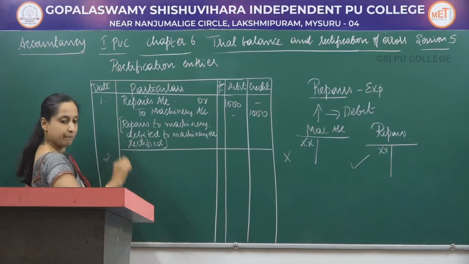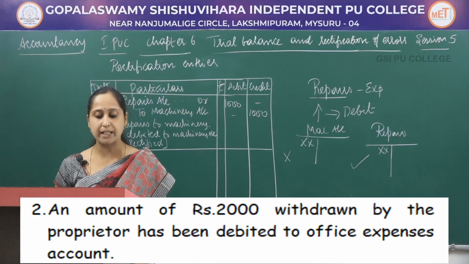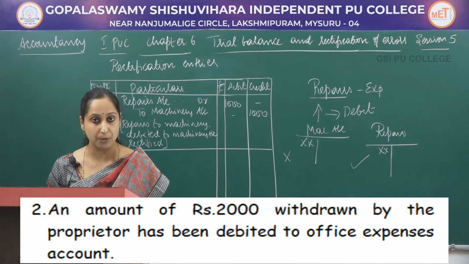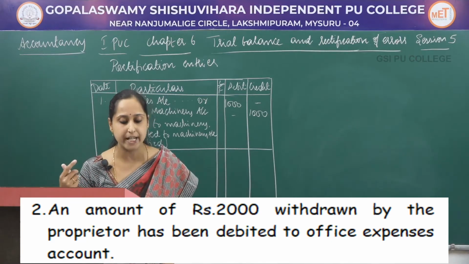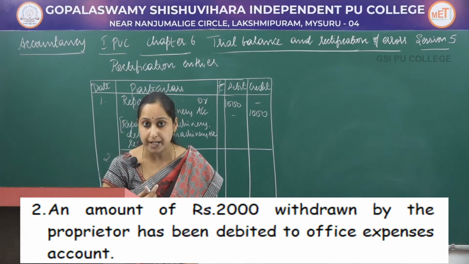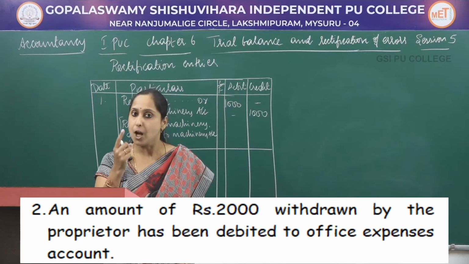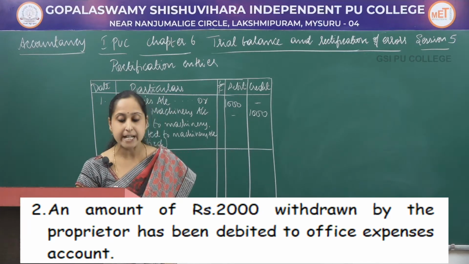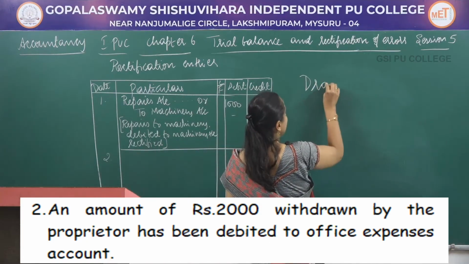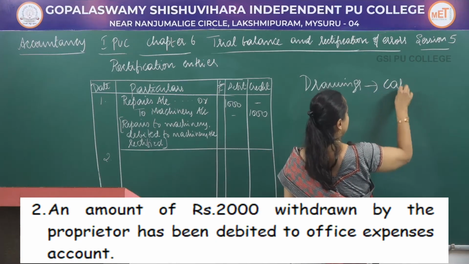Second is an amount of rupees 2000 withdrawn by the proprietor has been debited to office expense account. Here what mistake they have committed? Here an amount of rupees 2000 has been withdrawn by the proprietor. If a proprietor withdraws money from the business for his personal use, it is drawings. But here they have debited to office expense account. You know, drawings is capital account.